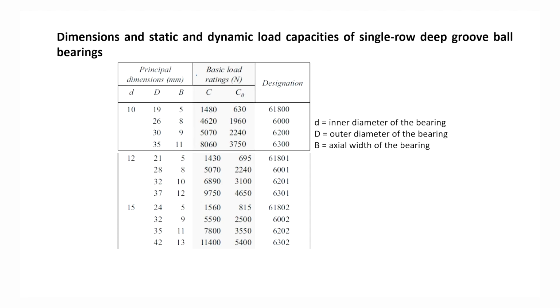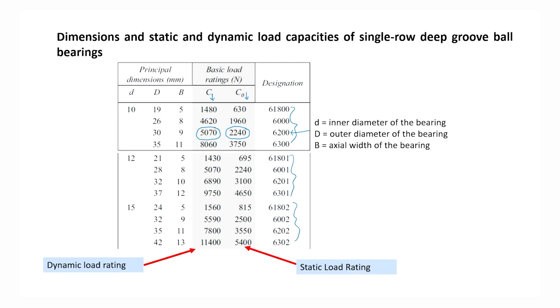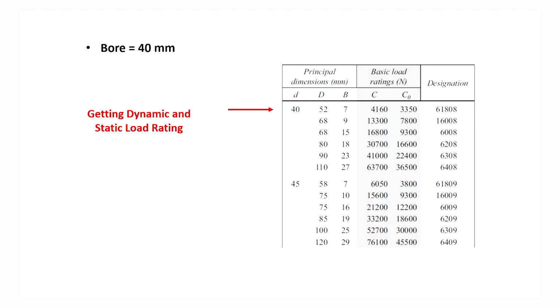Like in this example, for a particular type of bearing, the value of C, the dynamic load capacity, and C0, the static load capacity, are given. If you have selected a particular bearing, then its dynamic load capacity will be this one in Newton, and static load capacity will be this one as per the manufacturer. This is the dynamic load rating and this one is the static load rating. Now, our bore is 40 mm, so corresponding to this 40 mm, let us find the dynamic and static load capacity.